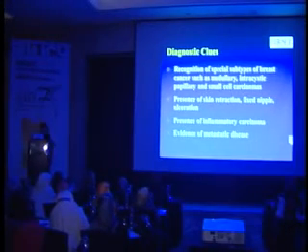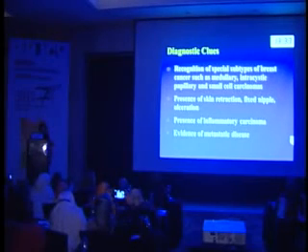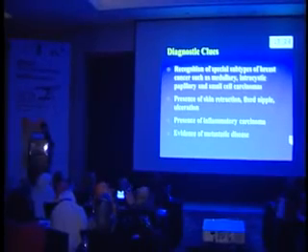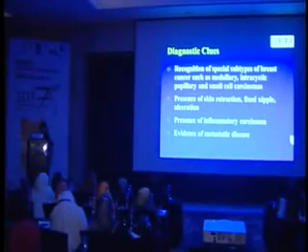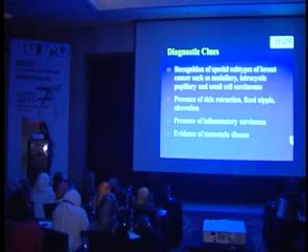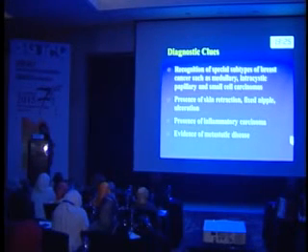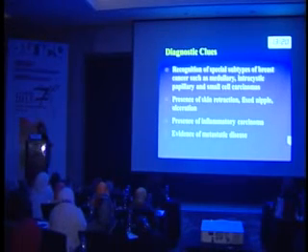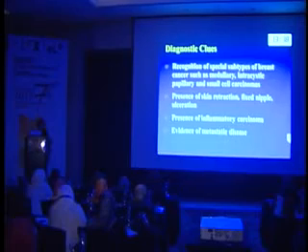And of course, other diagnostic clues are recognition of special subtypes of breast cancer, such as medullary, cystic papillary, and small cell carcinomas, presence of skin retraction, fixed nipple, ulceration, presence of inflammatory carcinoma, and evidence of metastatic disease. If you see a patient that has a palpable lesion, you always have to examine the axilla.